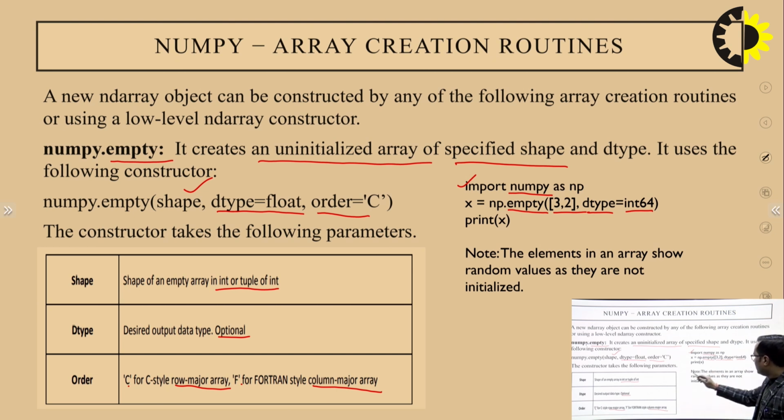The point to note here is that the elements in the array show random values because the elements are not initialized. This is the empty array. That's why it will take random values, as they are not initialized here.